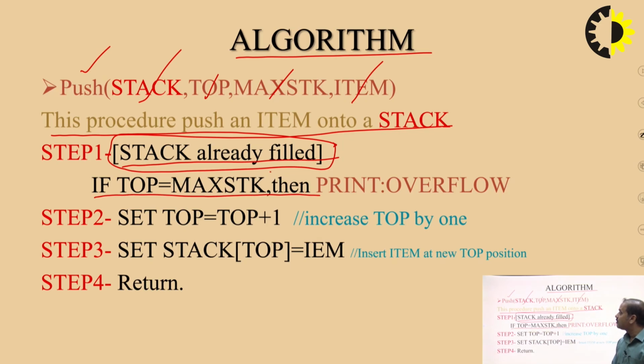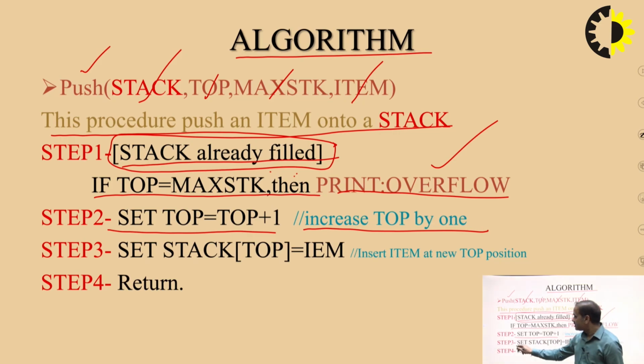If top equal to max stack, then print overflow. If top equal to max stack, that means there is no place inside the stack, so the message to be printed is overflow. Step 2, that means else. If this condition is false, then we go to step 2, set top equal to top plus 1. That means top is incremented by 1.